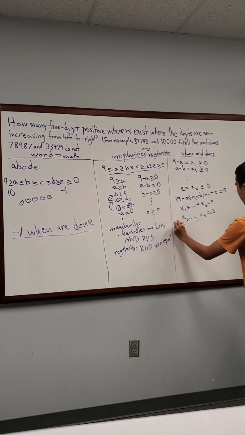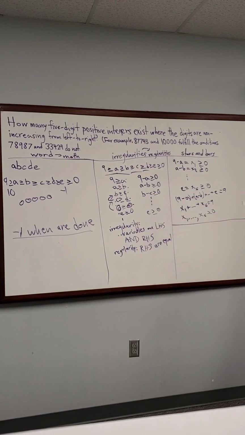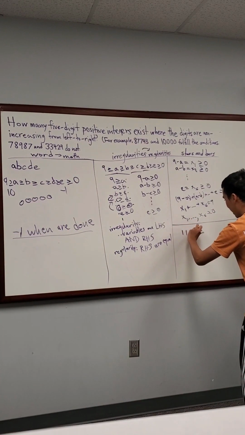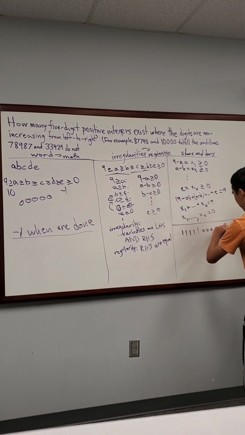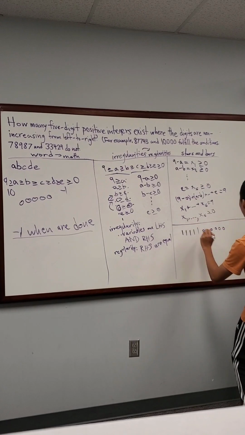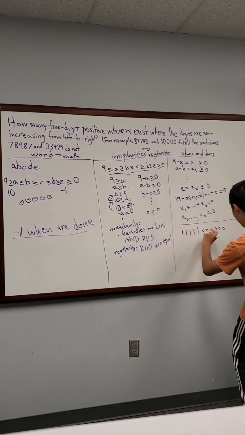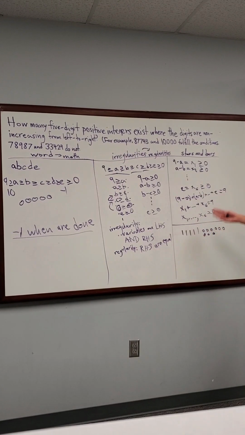Okay? So I'm just going to quickly introduce how you can use stars and bars to solve this new question. So let's say you have 5 dividers and you have 9 balls. 1, 2, 3. Okay, so 9 balls, 5 dividers.